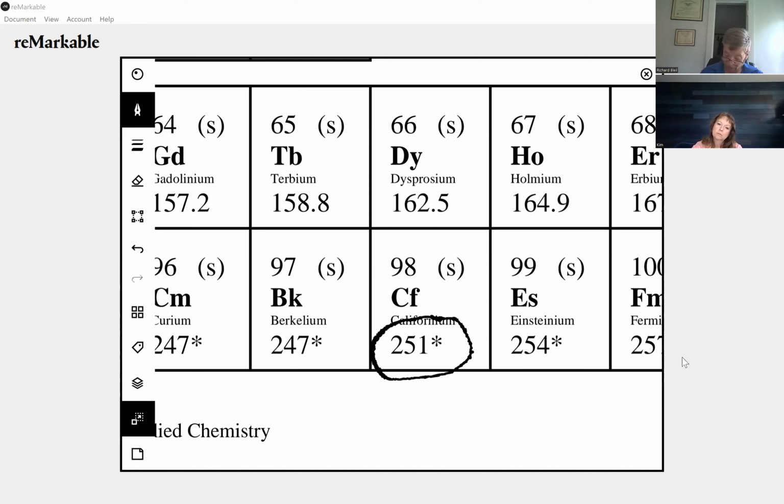And that means that if you want to know how many neutrons, it still has 98 protons. So the number of neutrons, take the atomic mass number minus 98, which is the atomic number. Well, 93, is that right?